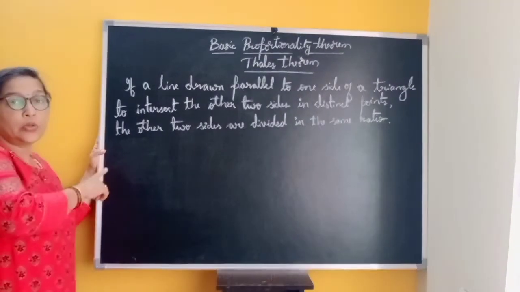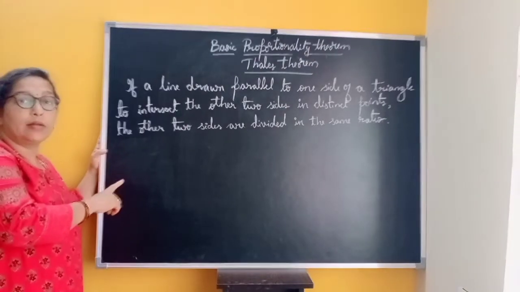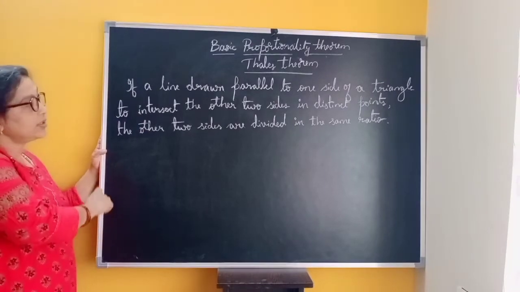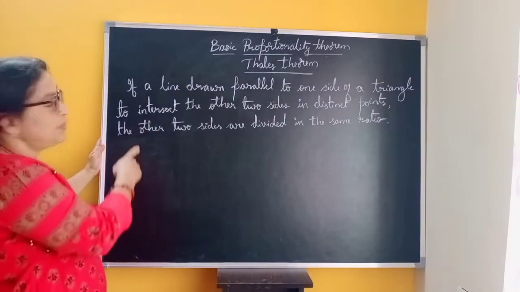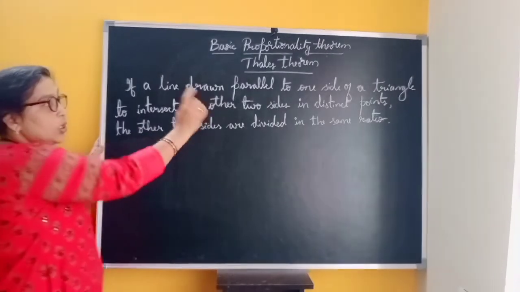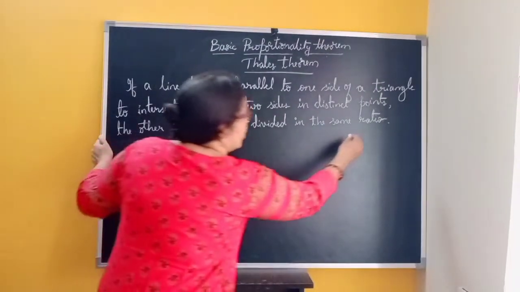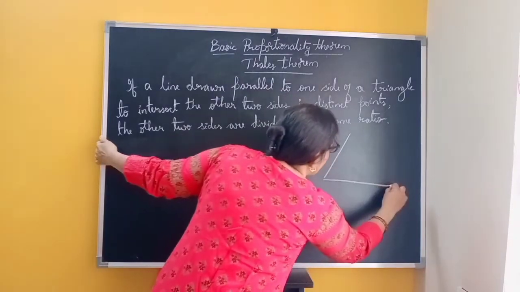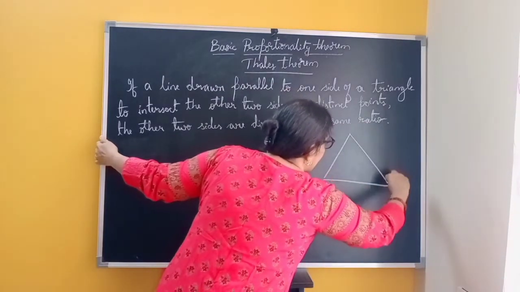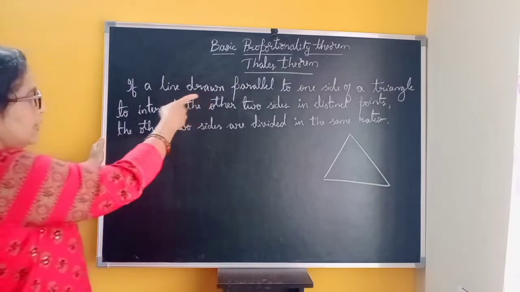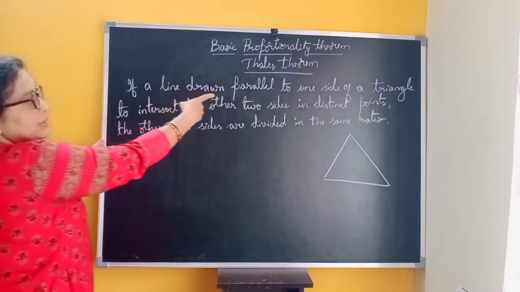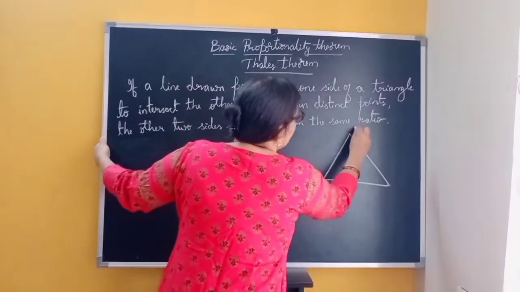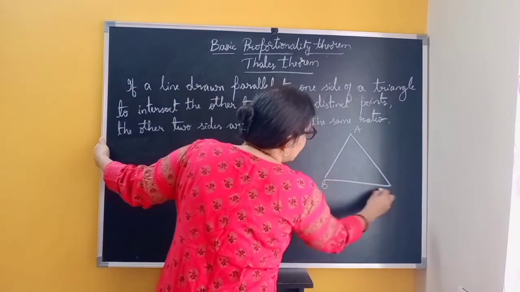Now, let us prove the statement. Before that, we need to draw the figure using the given data. So, let us draw the figure now. We need to draw a triangle. Let me name the triangle as ABC.